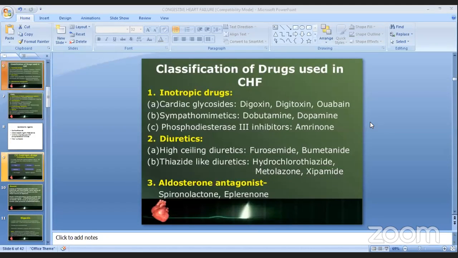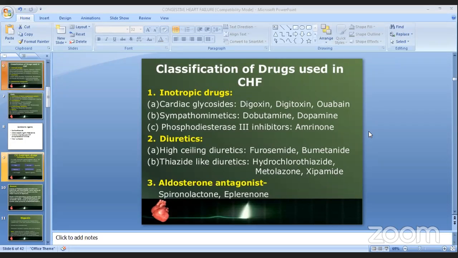Diuretics also I have discussed. The high ceiling diuretics are furosemide and bumetanide. There are several categories of diuretics I have discussed.